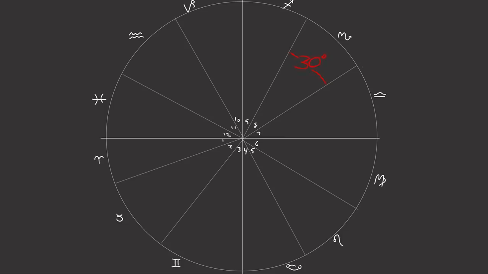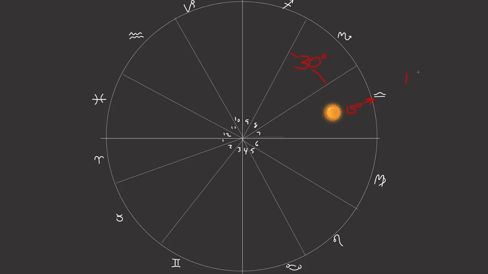So a planet, for example, let's say the sun, would move from over here at 0 degrees and gradually move up here all the way up to 30 degrees. Now obviously if it's in the middle, then it's going to be at 15 degrees. So we call that 15 degrees of Libra.